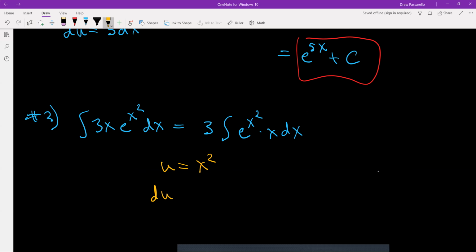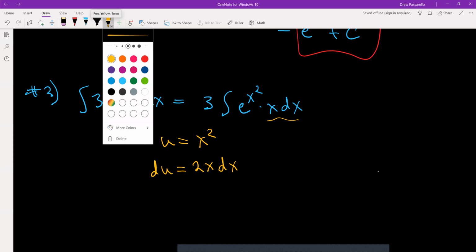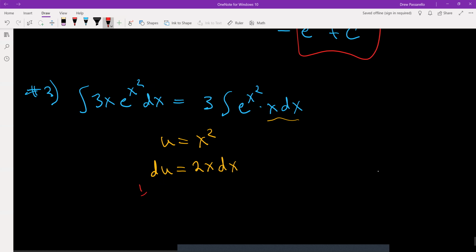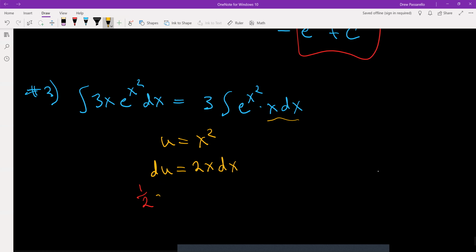So du is 2x dx. I have x dx, so I need to divide by 2 or multiply by a half. So I have 1/2 du equal to x dx. All right, so this x dx part is the 1/2 du, and the x squared is u.